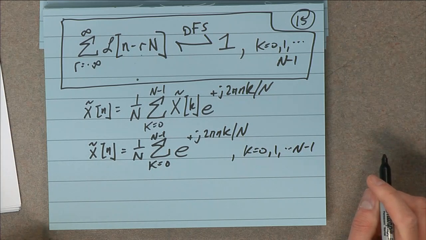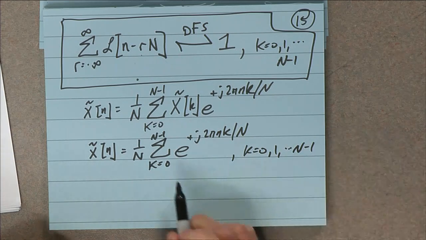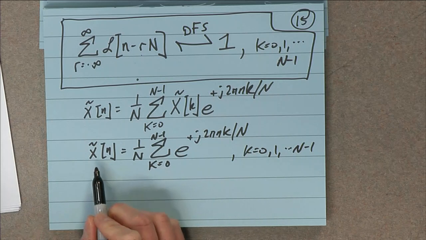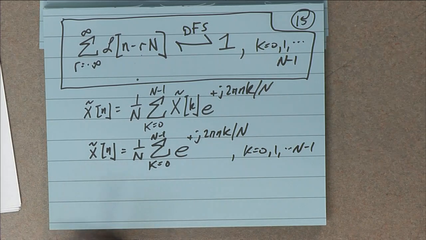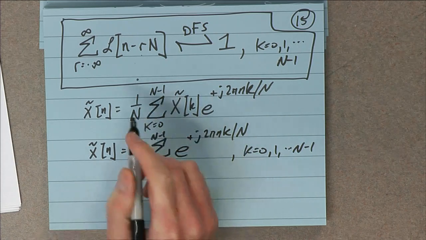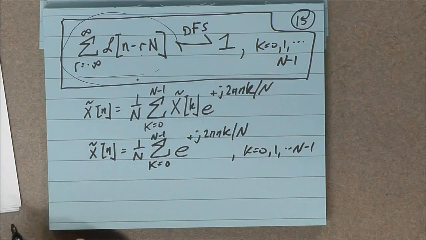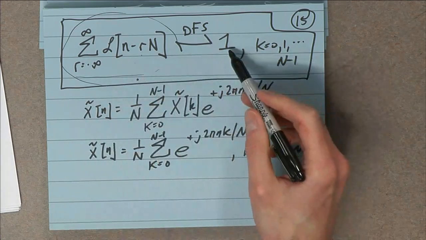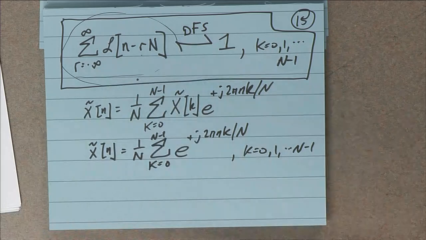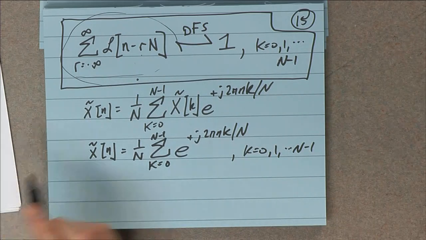Now what we're going to conclude is we were doing this tongue-in-cheek because we already know what x tilde of n is. We know that x tilde of n is this expression here. We took the Fourier series and got 1. So I'm going to say, yep, if I go backwards, it also has to be that.